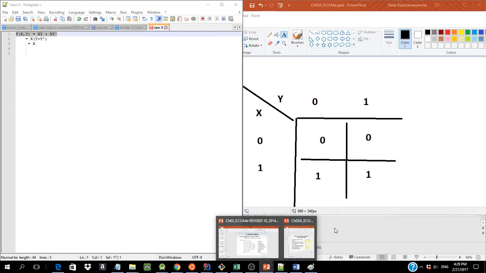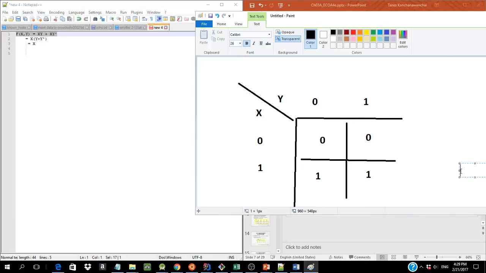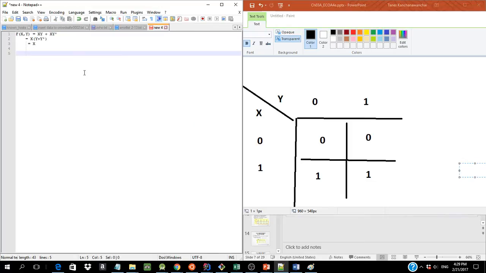Yes. So if our f of xy was xy plus x prime y, would the kmap have a 1 in the top left and a 0 in the bottom left? Okay, so the question is, if my expression is different, then your kmap should look different, depending on your minterm.